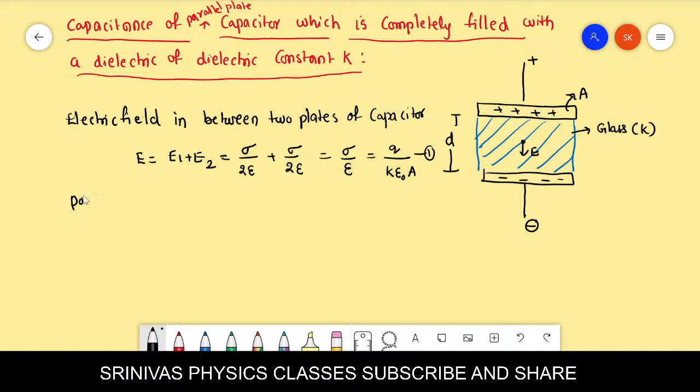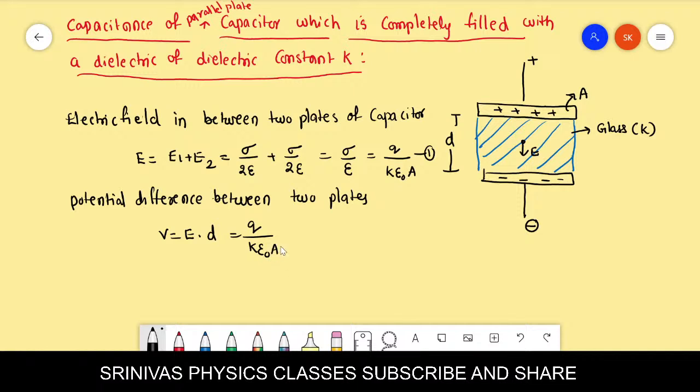Next I want the potential difference between the plates. What is the formula? Previously we derived it after finding the electric field. The potential difference V is equal to electric field intensity into D. The electric field intensity we got is Q by K epsilon naught A. Why are we taking epsilon? Because it is in the medium, dielectric is there.